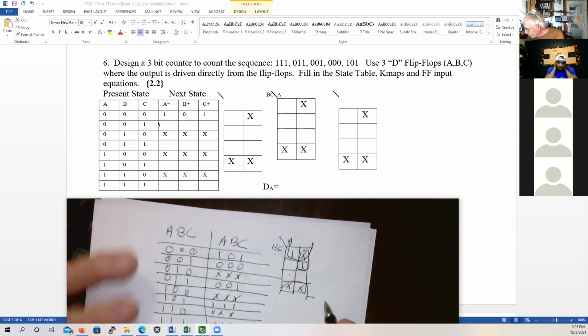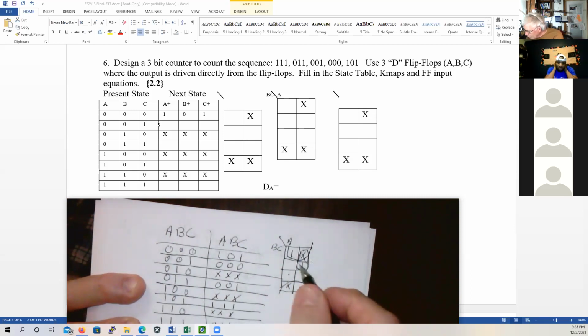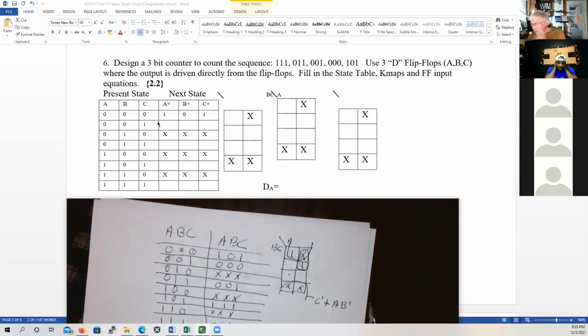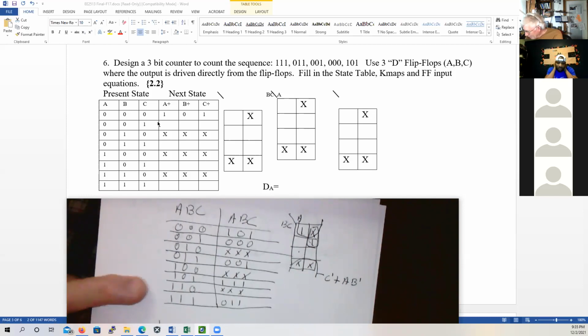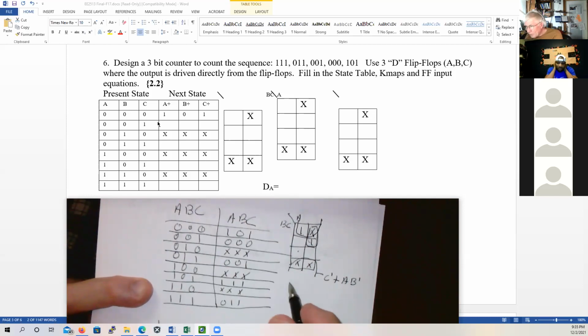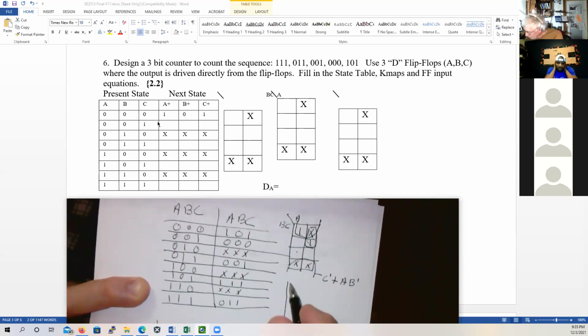So this would be C prime plus this little group, A, B prime. Everybody agree with that? Yes. Good. All right. And then we'll do the B. Same idea.